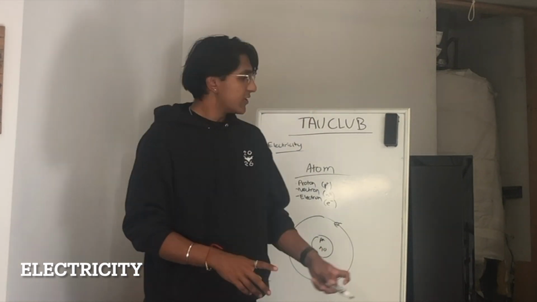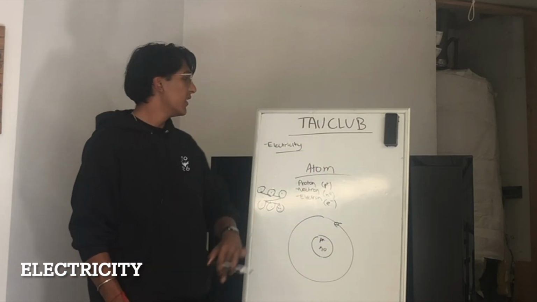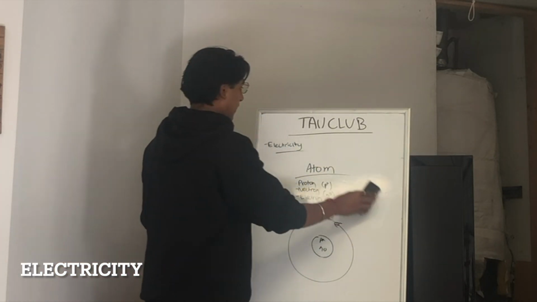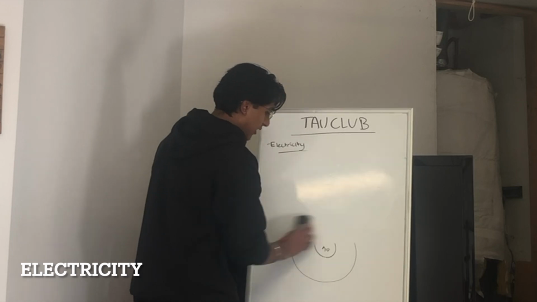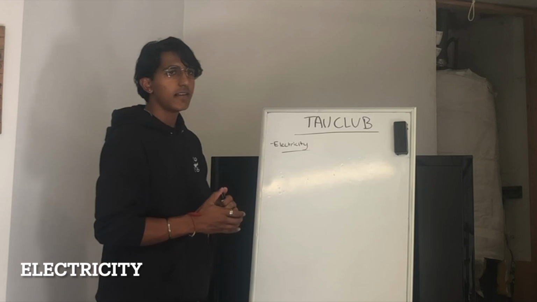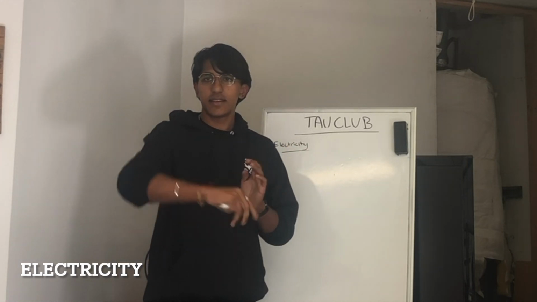Okay. So the flow of electrons from one atom to another is what we call electricity. Okay? There are a few cases to this. Have you all heard of conductors and insulators? Yeah, and semiconductors. So what is a conductor versus an insulator? Yes.